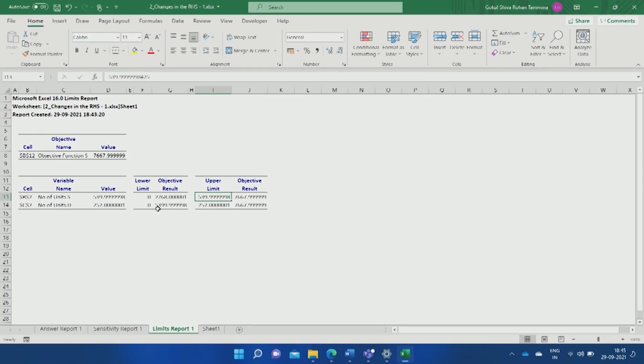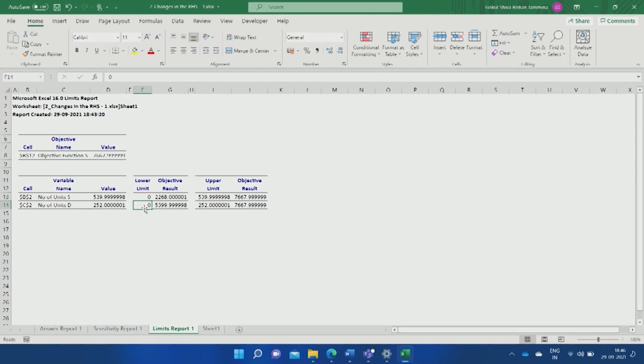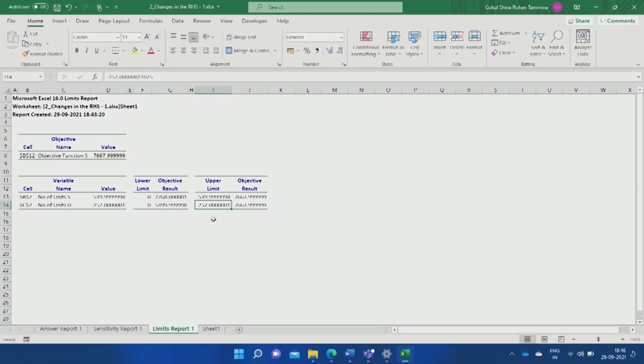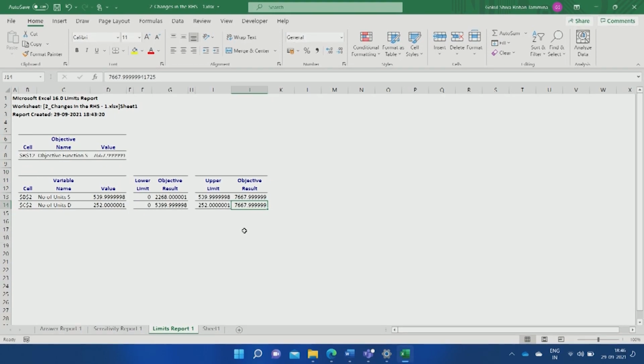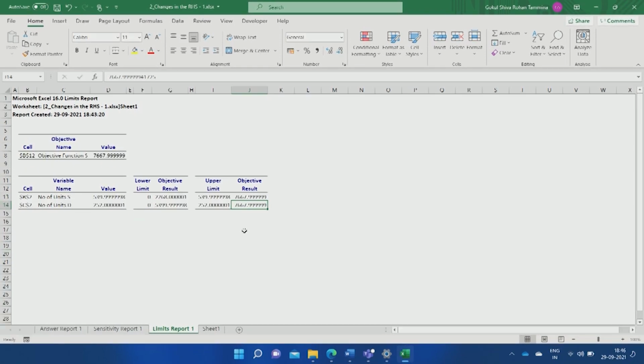The second one says that the value of D, if we put 0, the value of objective function is 5399. If we put 252, we will get 7668. I have taken the screenshot of this output, then I will explain hereafter. With the help of the screenshot, I will interpret this answer.